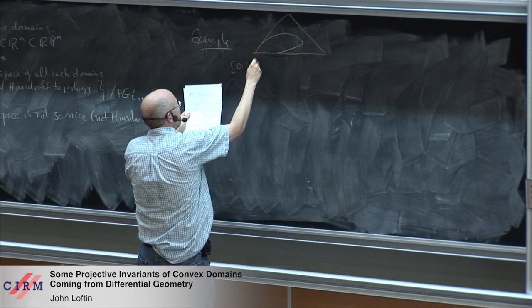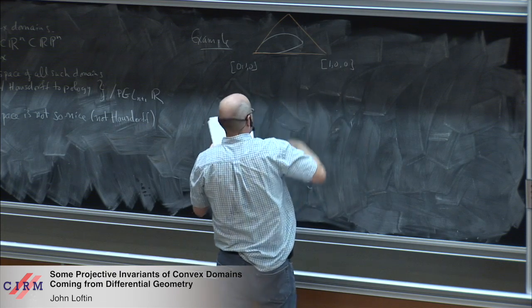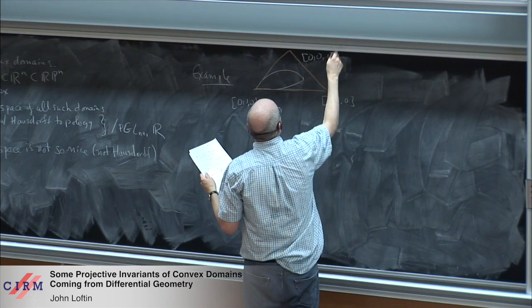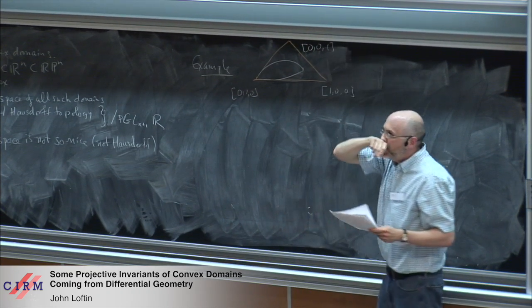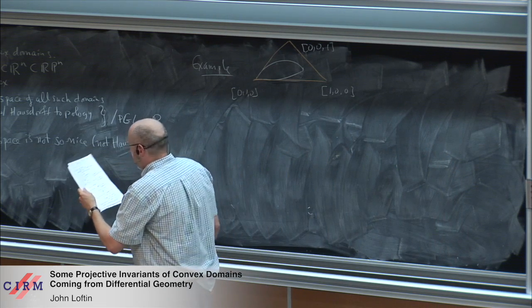Say this is (0, 1, 0), (1, 0, 0), and (0, 0, 1). Okay? This is the standard coordinates on RP2.